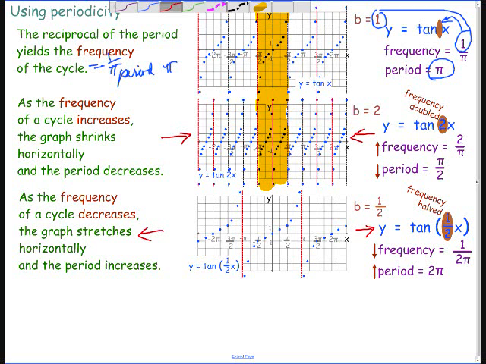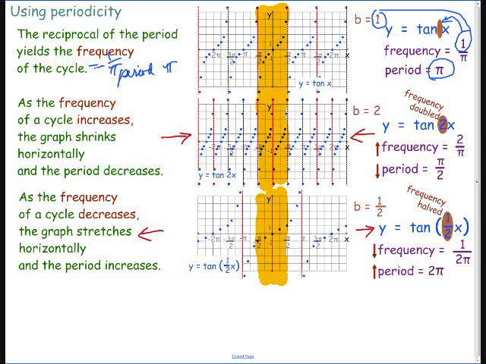We can see that here. If I highlight the same section of the window that we've been looking at all along, we only get half of the full cycle. So the period has clearly increased here.